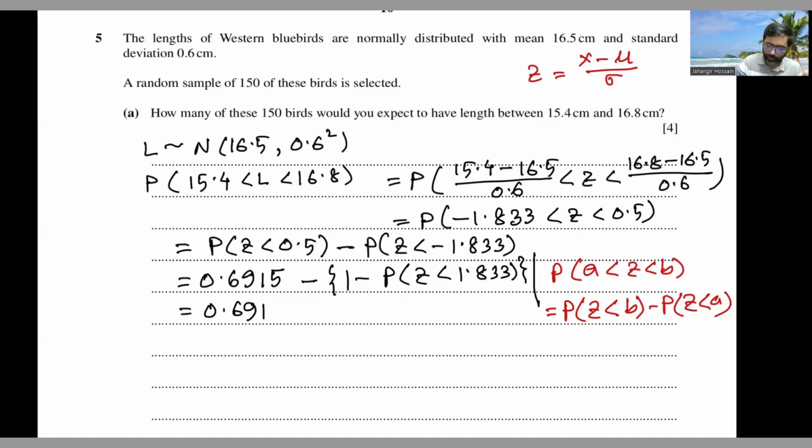So it is 0.966. You can find it from the table.